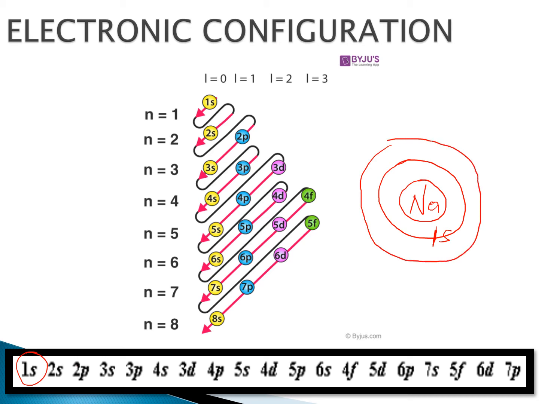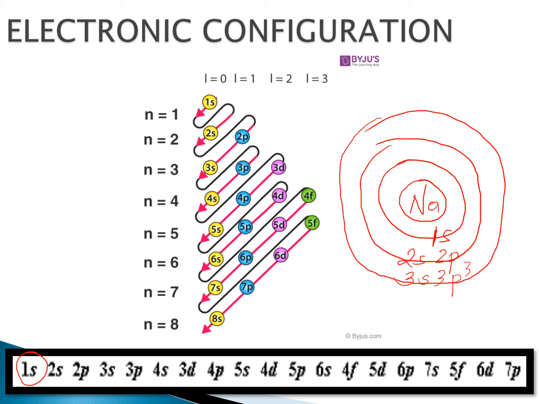This is our second energy level. There are two possible orbitals in the second energy level, so we have 2s and 2p. Next, we have the third energy level. There are three possible orbitals for the third energy level. It could be 3s, 3p, and 3d. So what does it mean? The first energy level is the energy level that is closest to the nucleus.